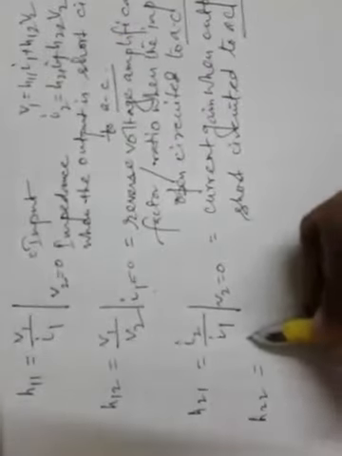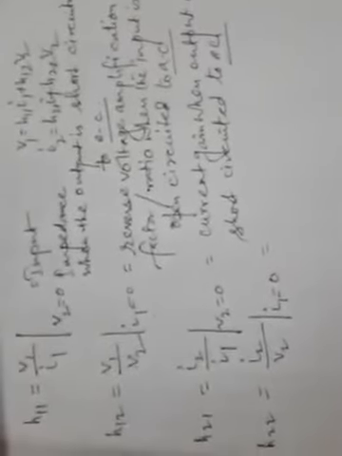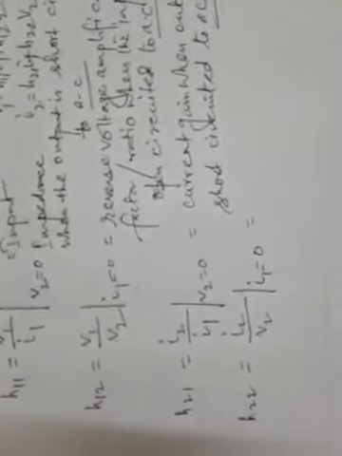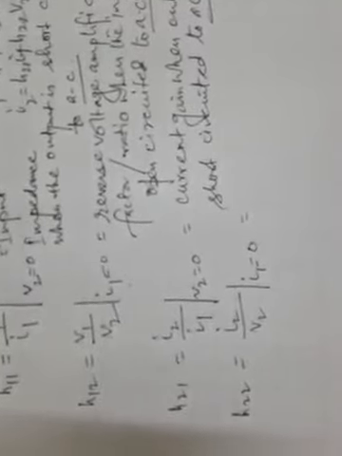Okay, and the last one, H22. You will find H22 when I1 equals 0, so it should be I2 by V2 when I1 equals 0. And I by V is the reciprocal of impedance, and you know what the reciprocal of impedance is? It is termed admittance.